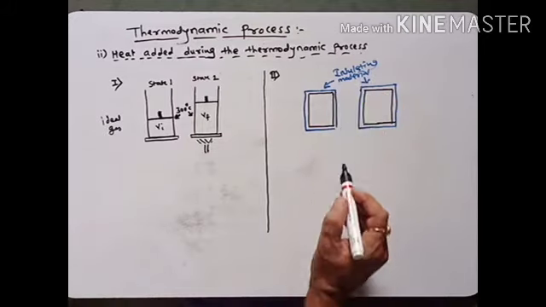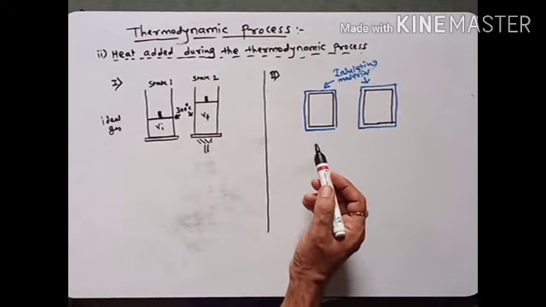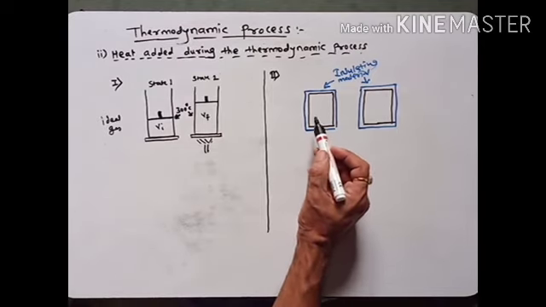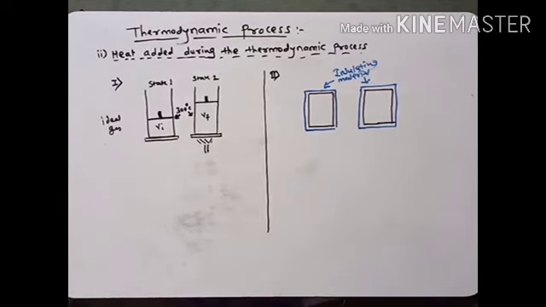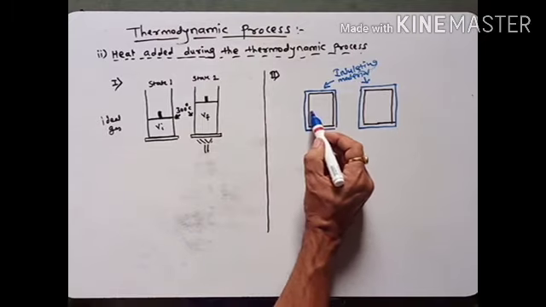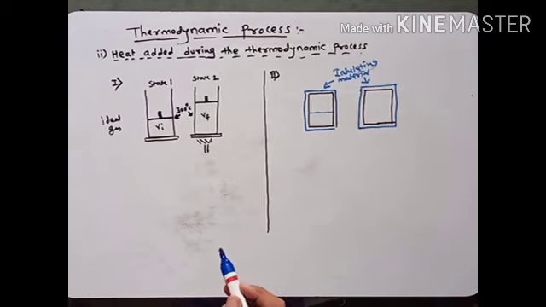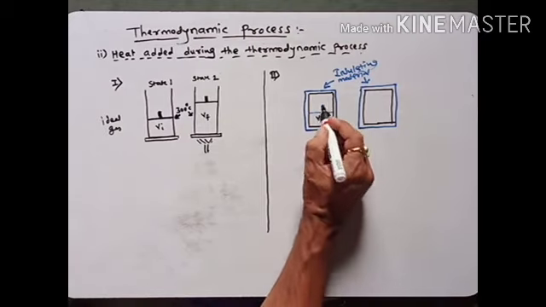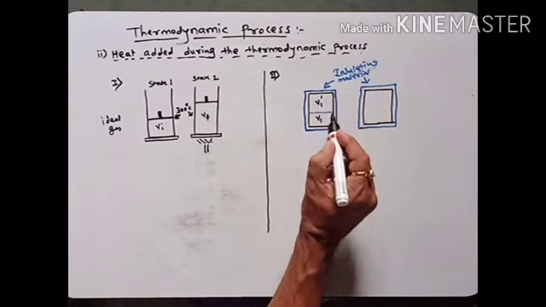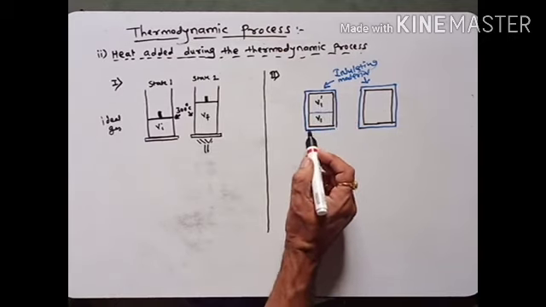Suppose this cylinder is divided into two compartments by a thin breakable partition. This is the partition, thin and breakable. Suppose V1 is the volume here and V1 dash is the volume here.